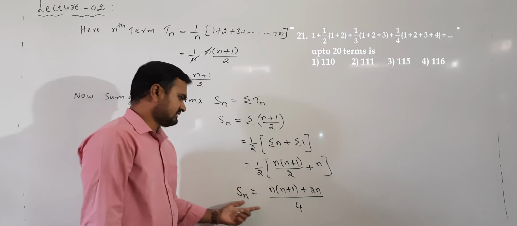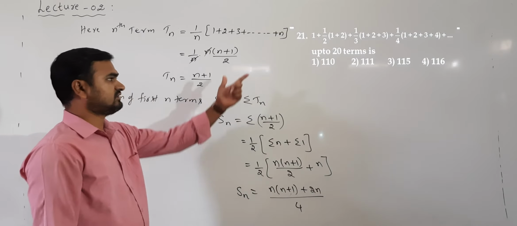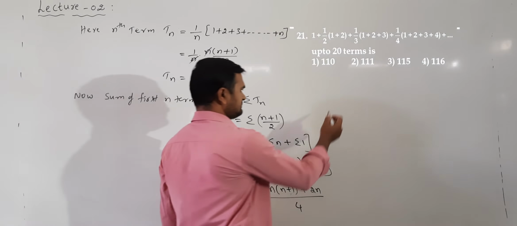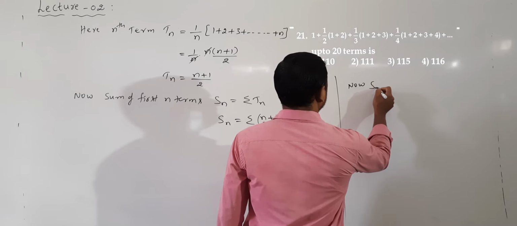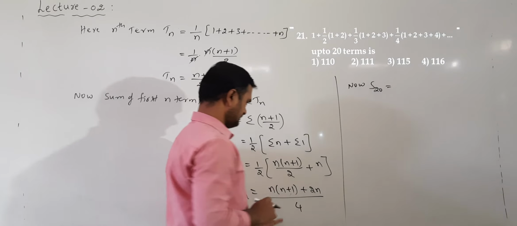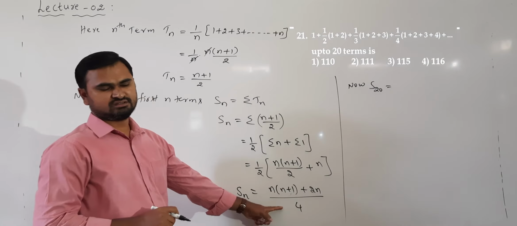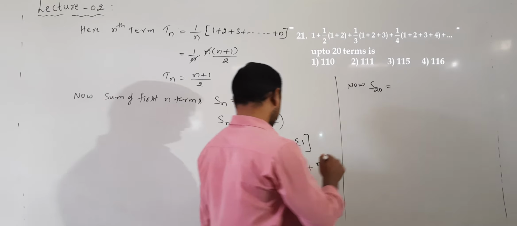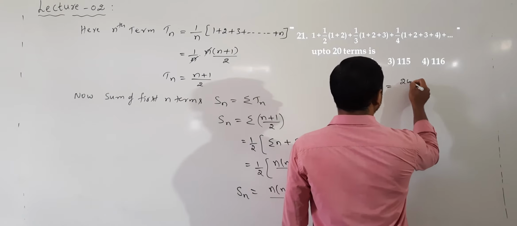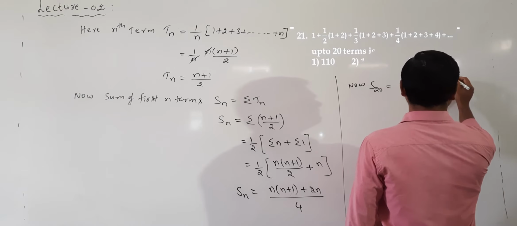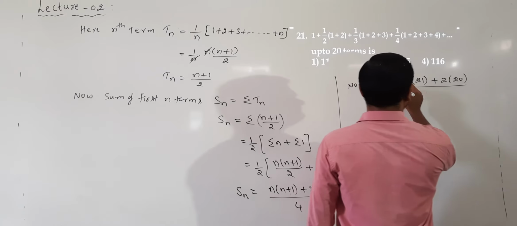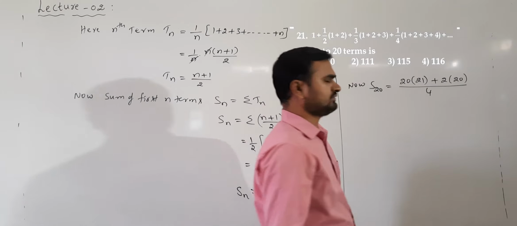Now after finding Sn, we can find the sum up to 20 terms. S20 will be, substituting n equal to 20, the sum of the first 20 terms is 20 into 21 plus 2 into 20 divided by 4.